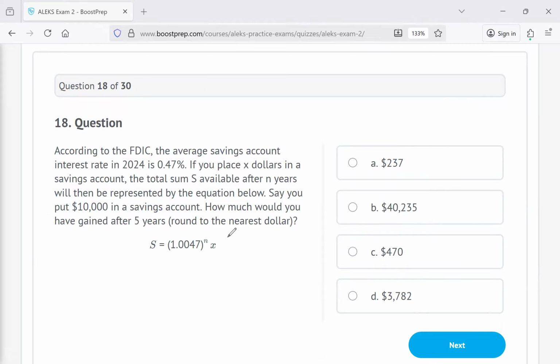Okay, so let's fill in what we have already. n is the amount of years, and it says after 5 years, so my n is going to be 5. The x represents your initial value, your down payment. They say that you put down 10,000, so my x is 10,000.